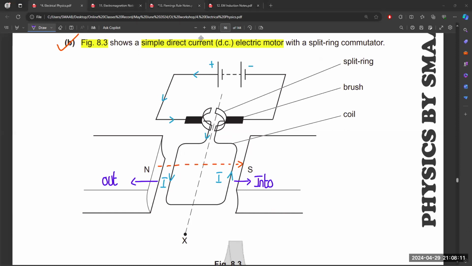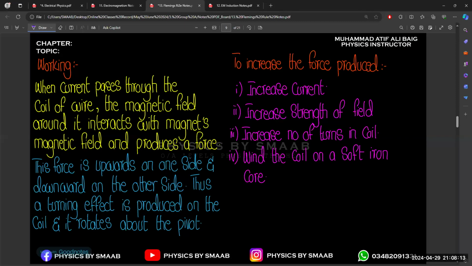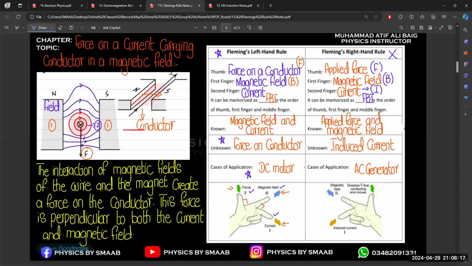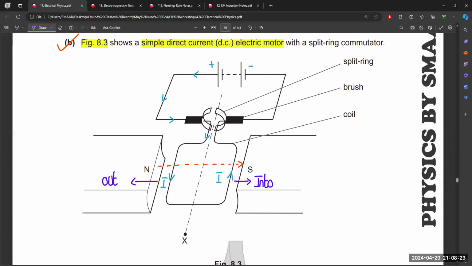You may also take reference from the left hand rule. This is the left hand rule. First finger magnetic field, second finger electric current, and thumb force.